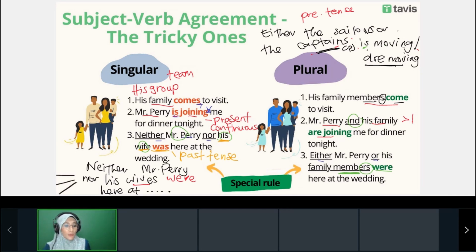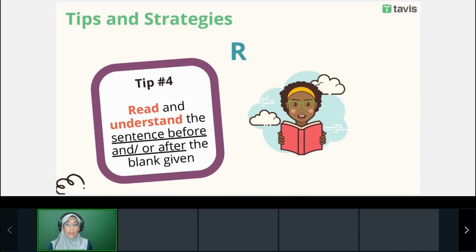So this is why parts of speech is very important, and subject-verb agreement is important too when it comes to your part 2, rational clues. Okay, so I'm going to move right ahead to our next tip. Our next tip is R. This is where you have to read and understand the sentence before and or after the blank given.